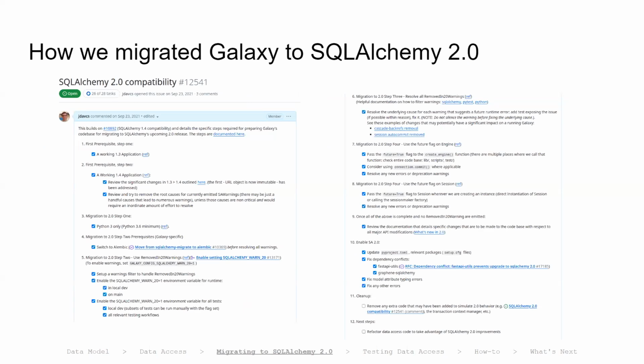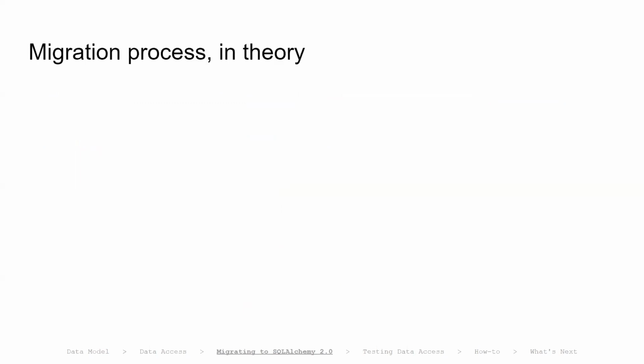The process is complex. It's well documented. In part, it's inspired by the move from Python 2 to Python 3. The process is documented in issue 12,541. And in theory, it is simple. You start by dropping dependencies that don't support SQLAlchemy 2.0, obviously.